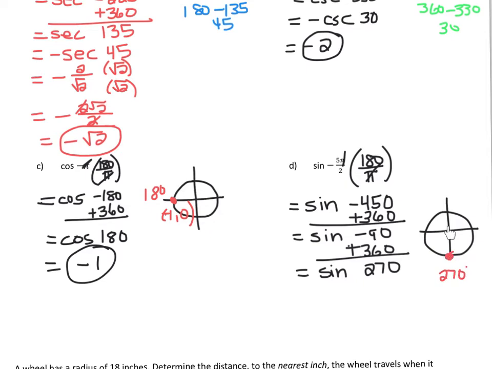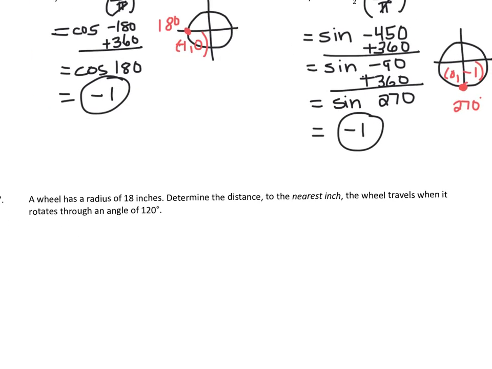To get to that point, we go over 0 and down 1, which gives us the coordinate 0, negative 1. This time we're looking for sine. Sine is the y-coordinate. So the y-coordinate at 270 degrees is negative 1. So negative 1 is what sine of 270 is equal to.